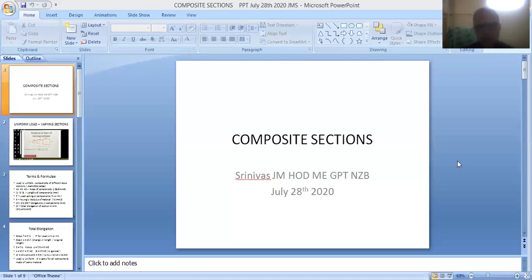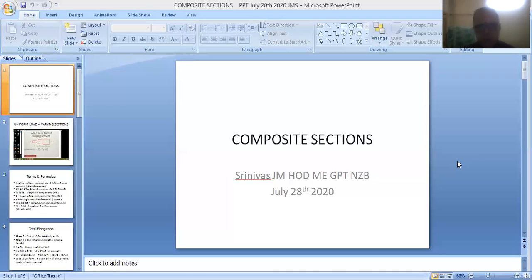The number of components depends upon the situation and requirements. Generally, we have to deal with composite sections made of three components. We have to note down the figures, formulas, equations, and also parameters required for solving problems on composite sections.